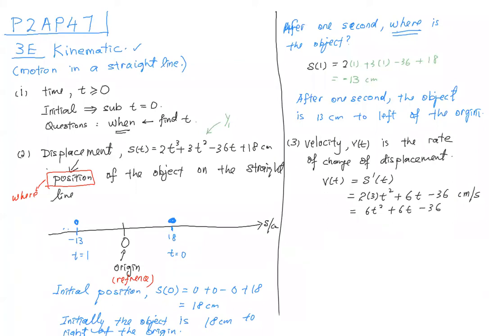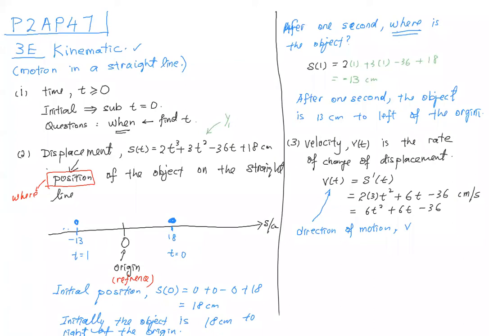When we talk about the value of the velocity, velocity is a vector quantity. That means velocity can give us 2 pieces of information. It can give us the direction of motion.